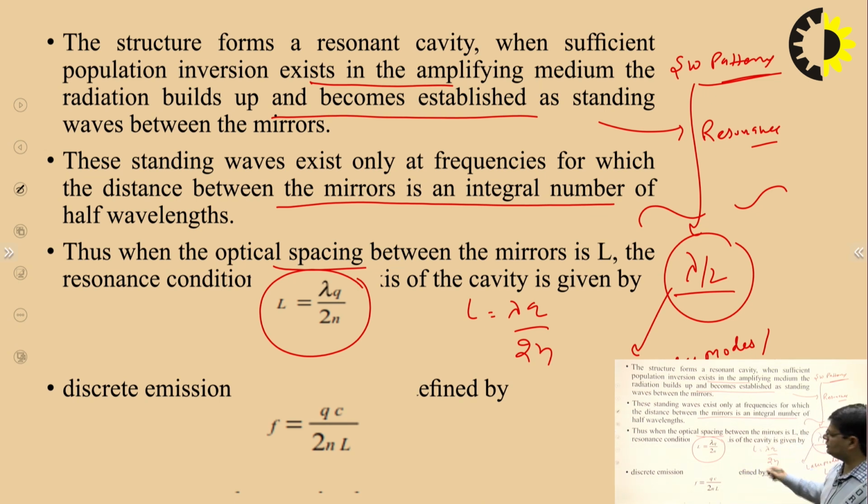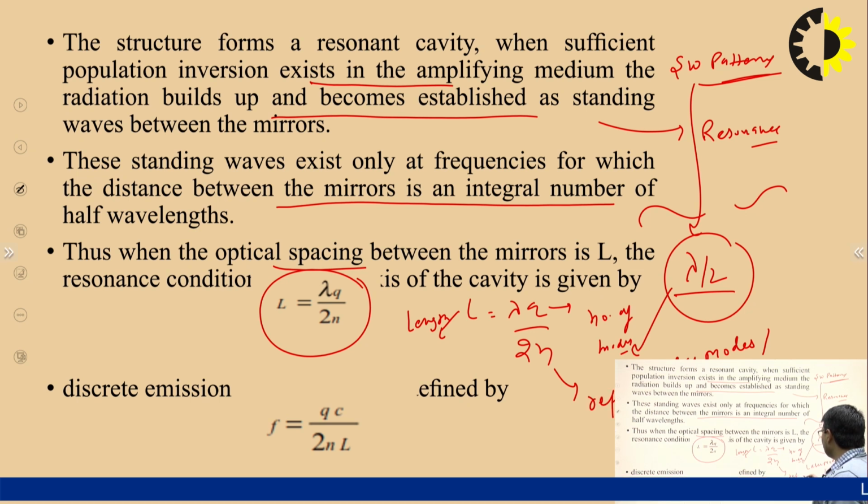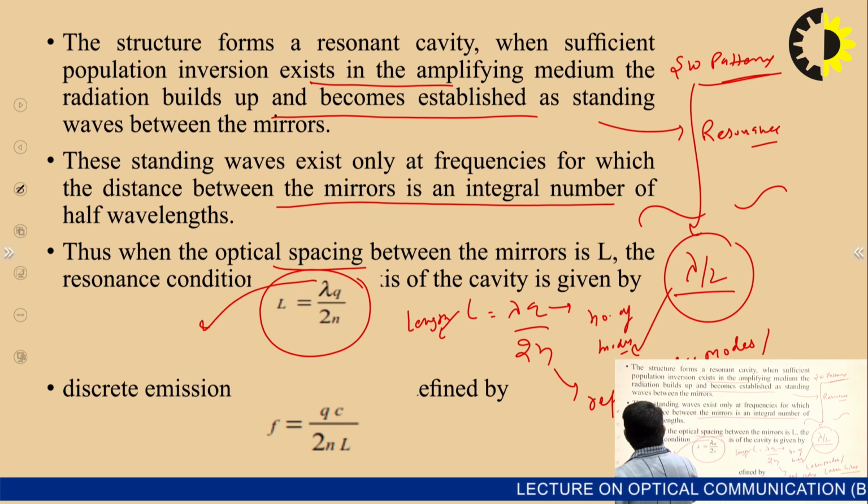These are the parameters related to the cavity, where L is the length of the cavity, Q is the number of modes, lambda is the wavelength, and n is the refractive index of the amplifying medium, for example a crystal. And lambda can be written as lambda equal to C by F.